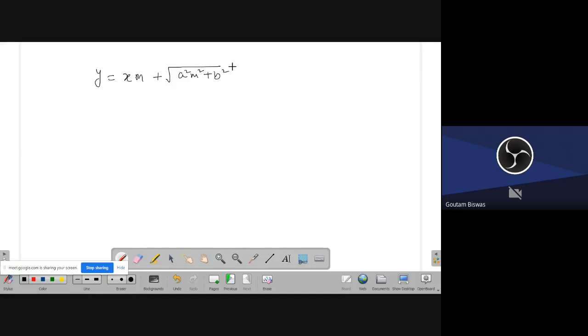So this is an equation of a straight line, and you have to find the envelope of this family of straight lines.